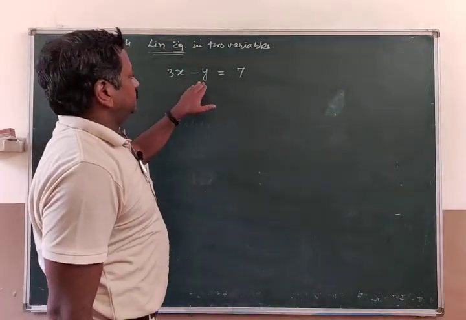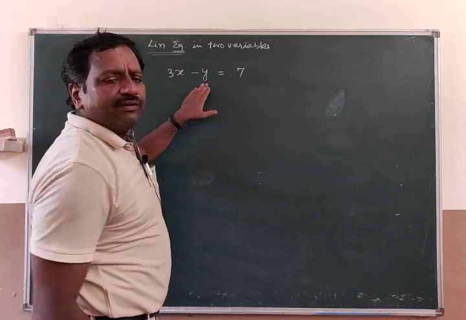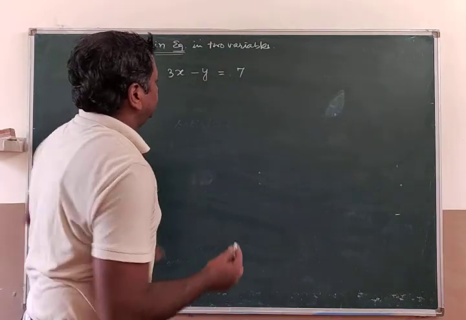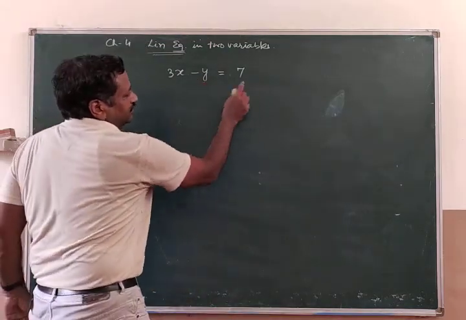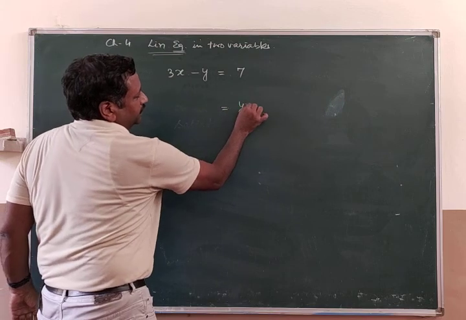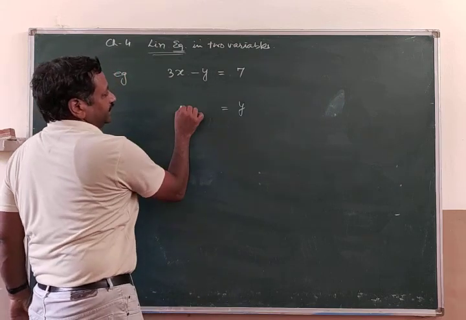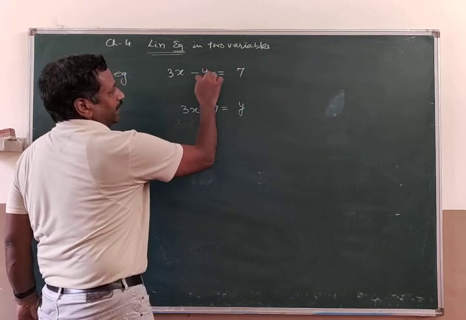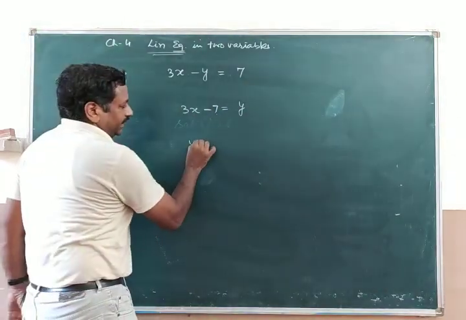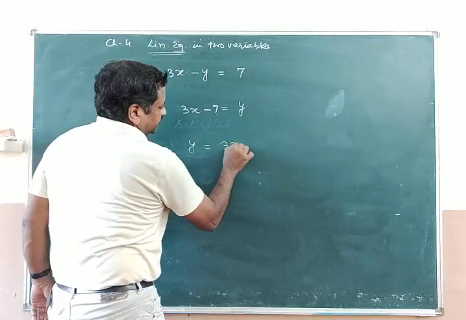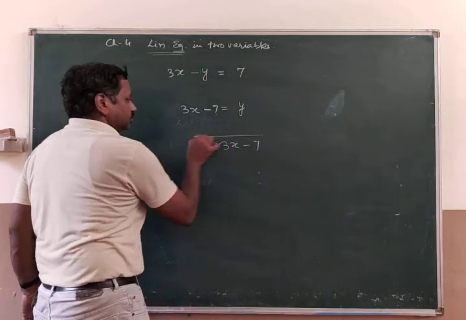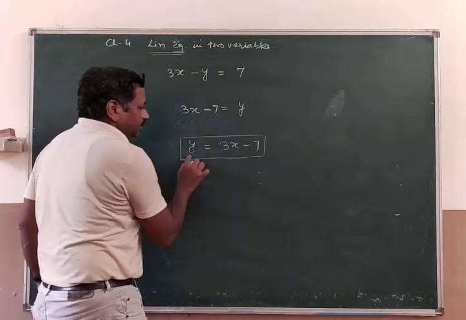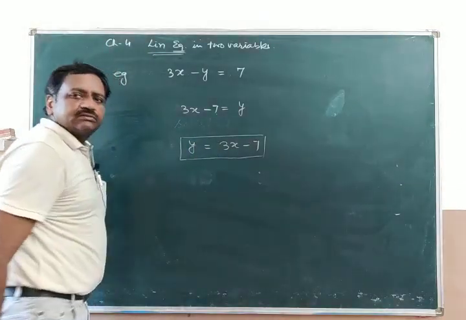You can take the value of any one variable from here. Like I can shift this y to this side, it will be positive. 7 to this side, 3x minus 7, it will be negative here. So y equal to 3x minus 7. So this is the value of y in terms of x.